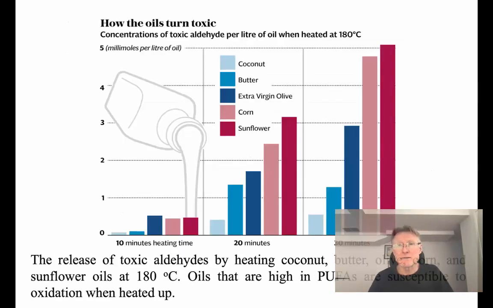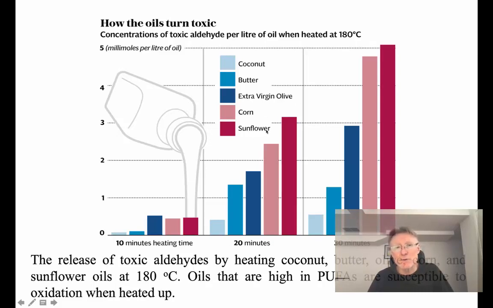Now, why is it that vegetable oils or seed oils seem to be more problematic? These oils are rich in monounsaturated and polyunsaturated fat. This graph shows how the oils turn toxic. Toxic because they produce substances that can be really nasty and toxic to your cells. They took different oils: coconut oil, butter, extra virgin olive oil, corn oil and sunflower oil.